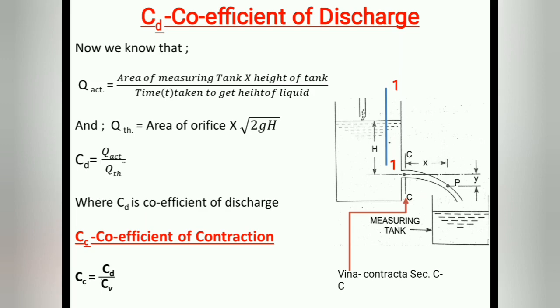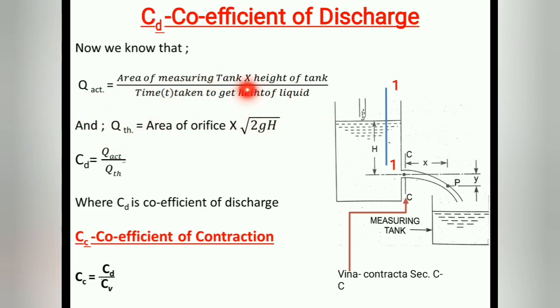Now we know very well that V theoretical is under root 2gh, and the Q theoretical we can calculate using the continuity equation, Q is equal to A1 V1. So the Q theoretical is the area of the orifice into the velocity of the orifice. The velocity of the orifice is under root 2gh, and the area of the orifice is A1.